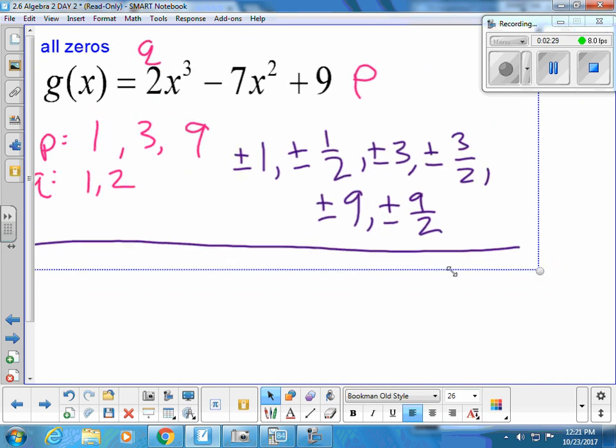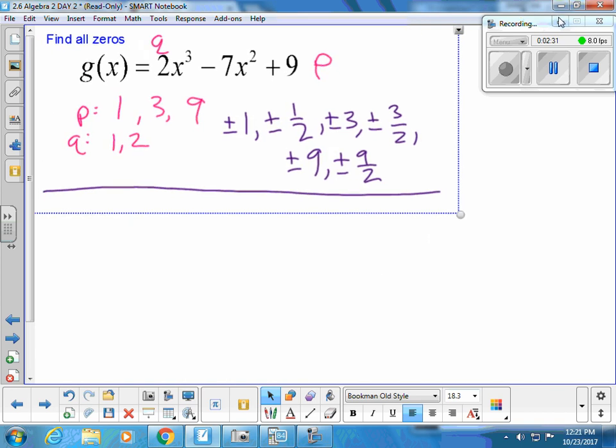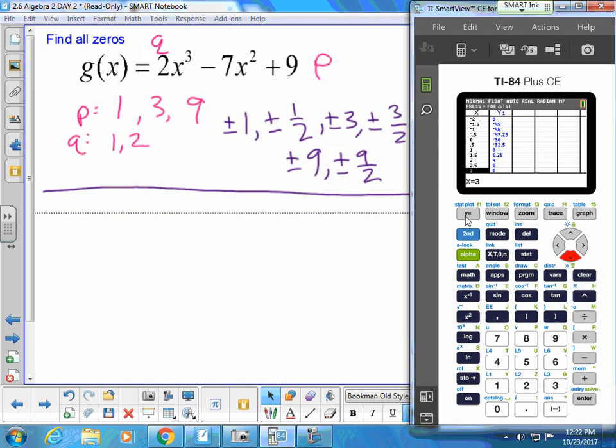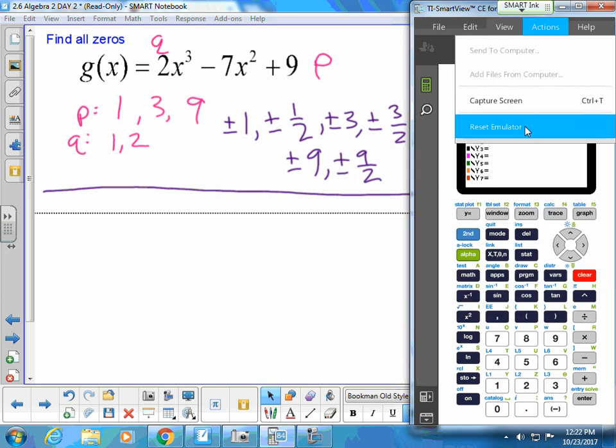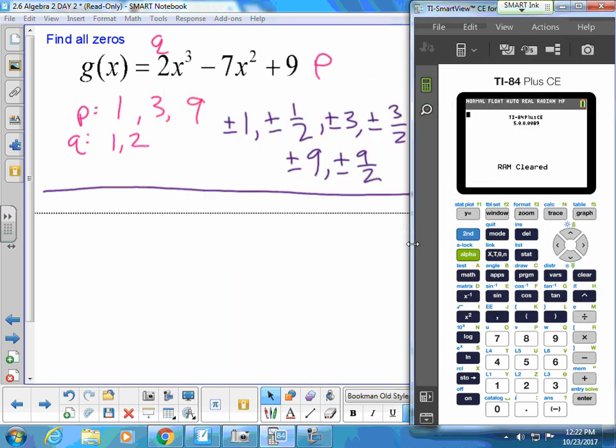I'm going to shrink this a little bit so I have room for my calculator. So we're looking for x-intercepts because x-intercepts are the same thing as zeros.